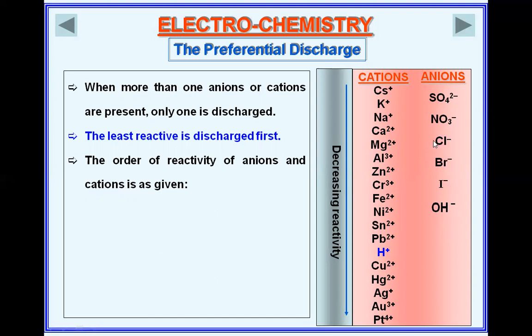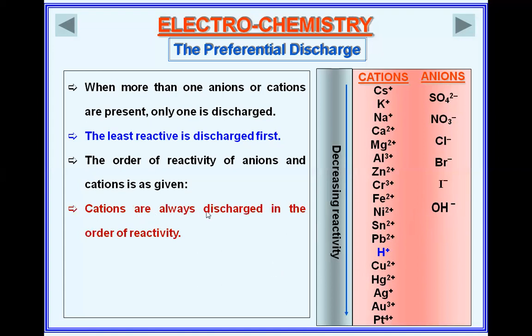But if the salt is present in less amount in the solution, so the chloride, bromide, iodide ion concentration is less, then hydroxide ion from water must be discharged at the anode. As a result, oxygen gas is produced.